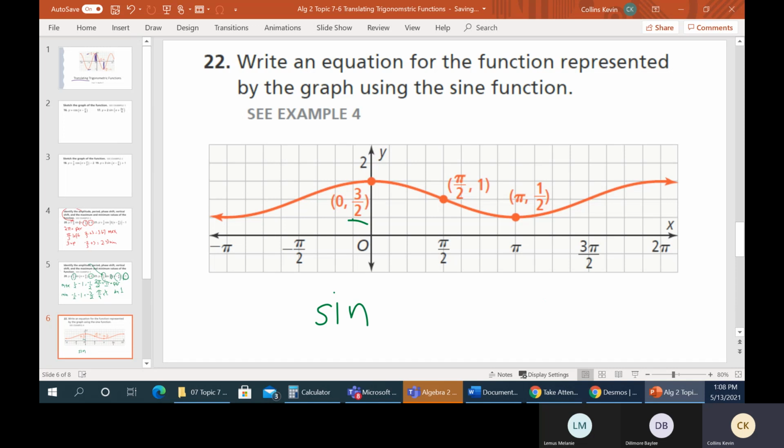And it looks like the lowest we go is 1/2. So if we're going between 3/2 and 1/2, it's 1.5 minus 0.5, that's just 1. And our amplitude is going to be half the distance from the minimum to the maximum, which we just figured out is 1. So that means out in front of this, there's going to be a 1/2.